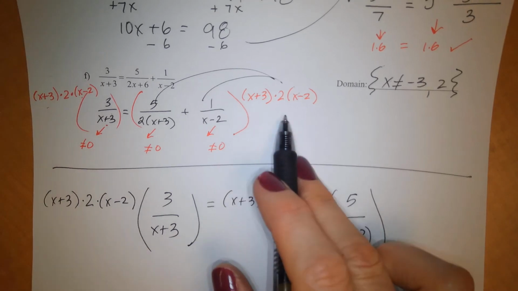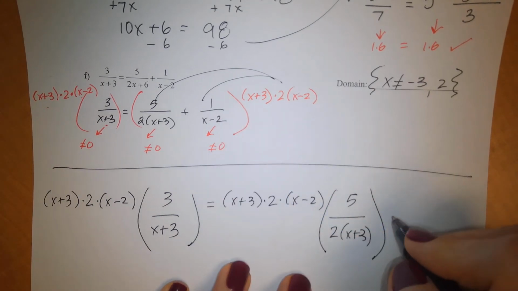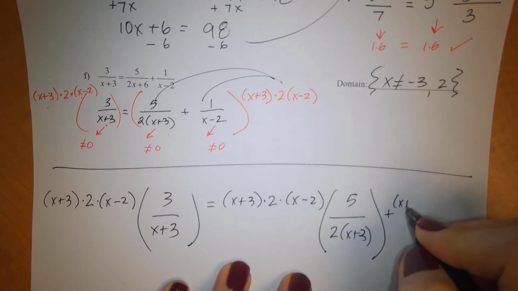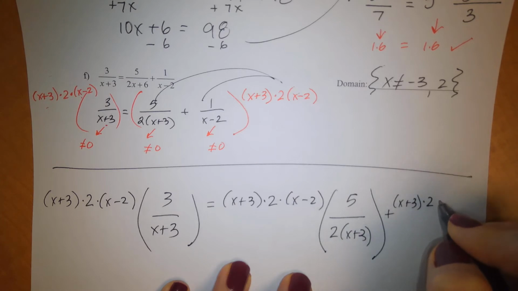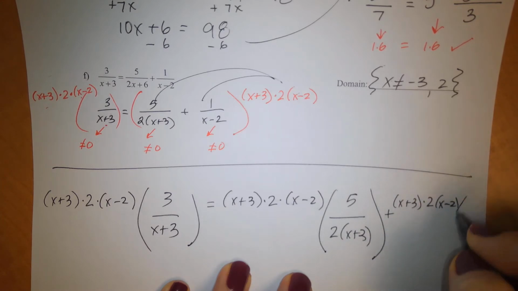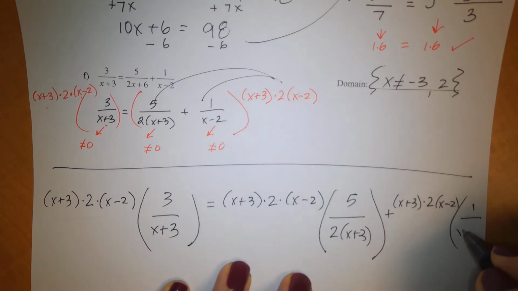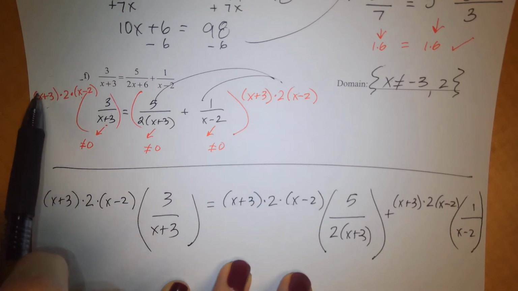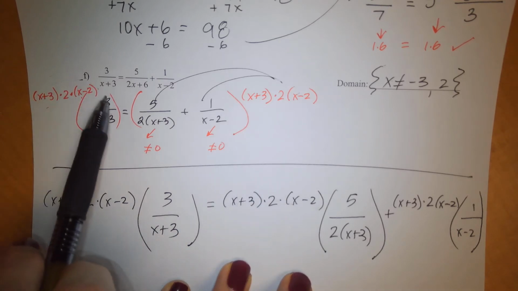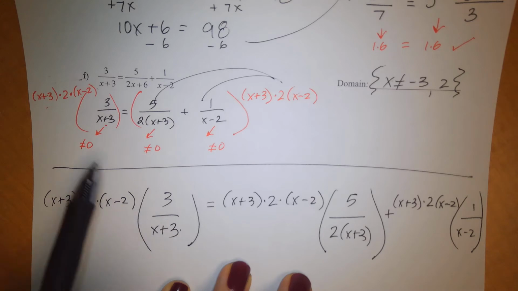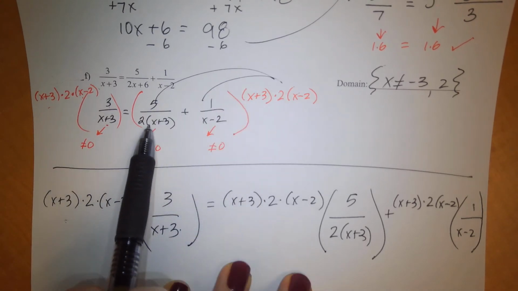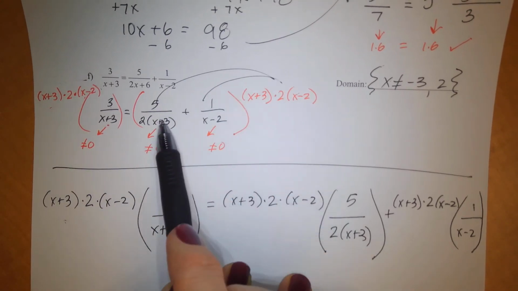Then that's also getting distributed to this term: (x plus 3) times 2 times (x minus 2) times this fraction, which is 1 over (x minus 2). All I did was take this common denominator and multiply it to the left side, and then also to the right side, which means distributing it to both fractions.